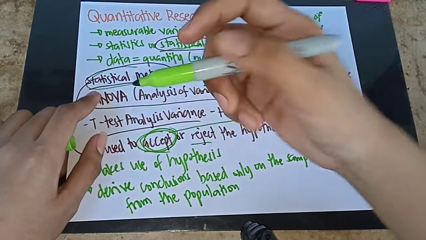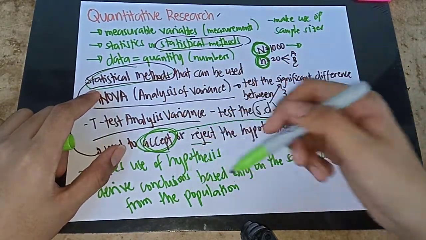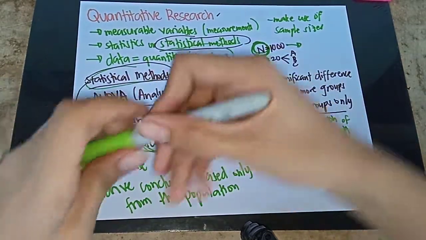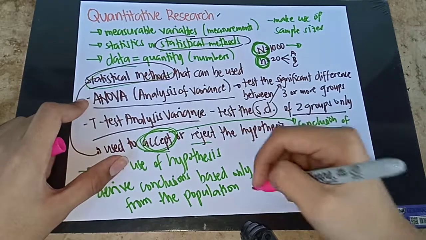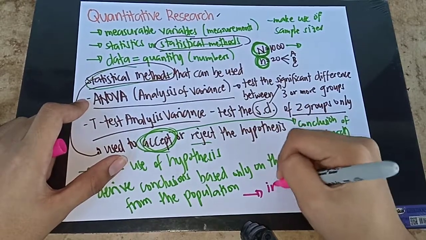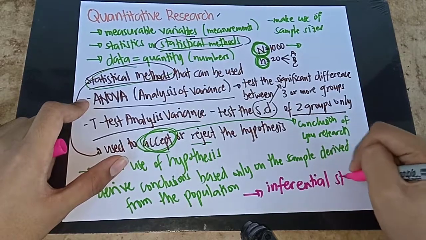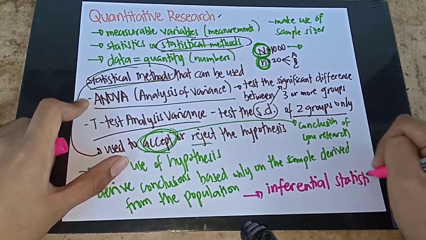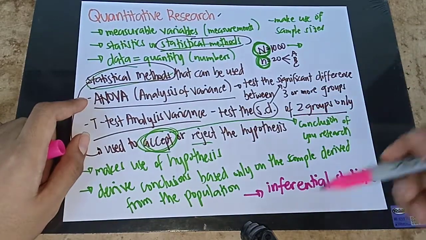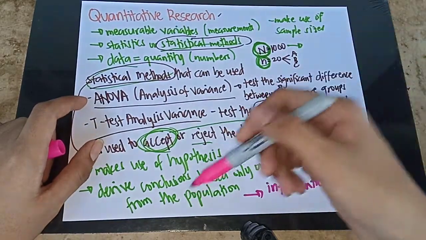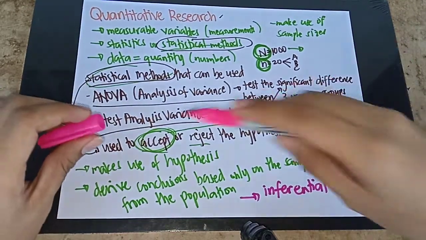And this derivation of conclusions based only on the sample derived from the population is known as inferential statistics. So that is inferential statistics.